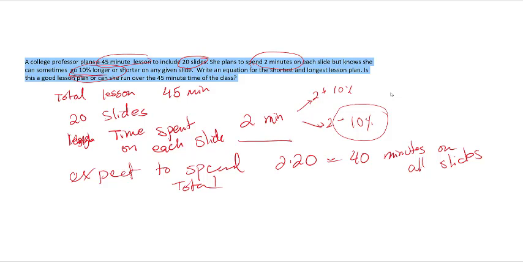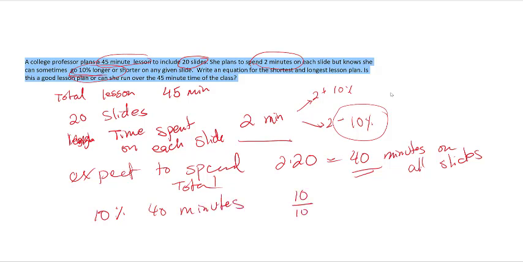And in order to find the minimum and maximum, we have to assume that for the maximum, we're spending 10% more on all of the slides, or 10% less on all of the slides. So how do we do that? So let's look. Our total time is 40. What is 10% of 40 minutes? Well, we just did this, so I'm going to shorten this.